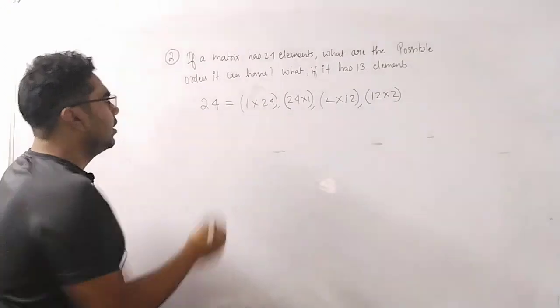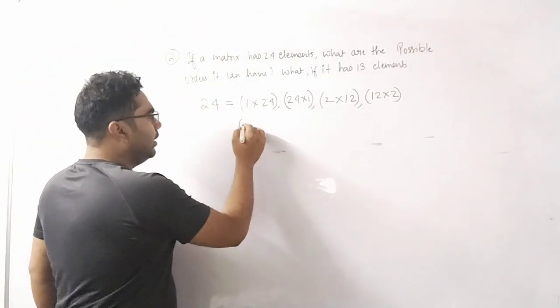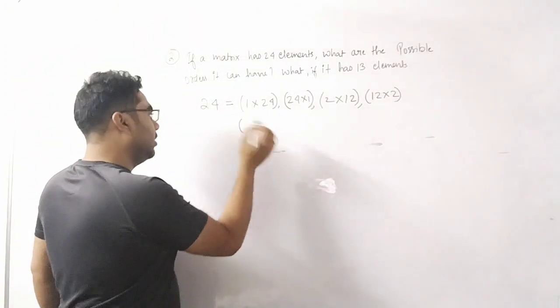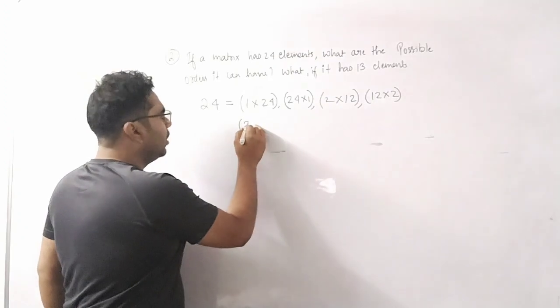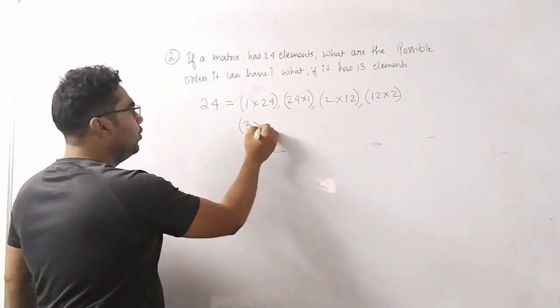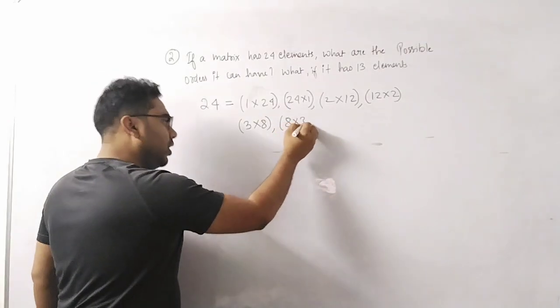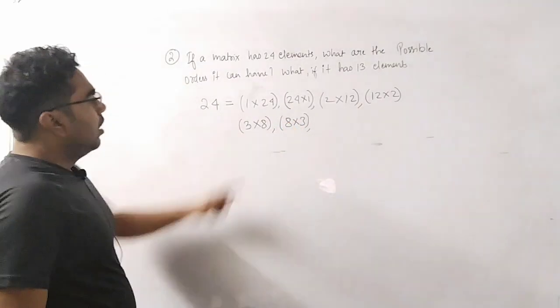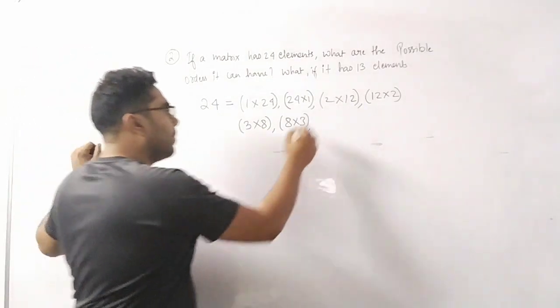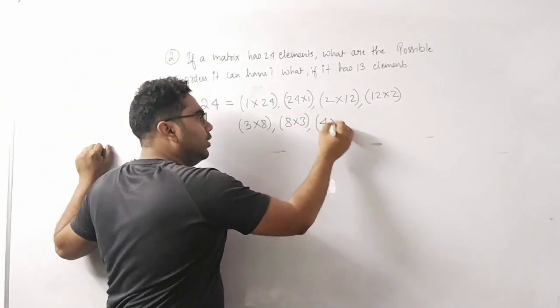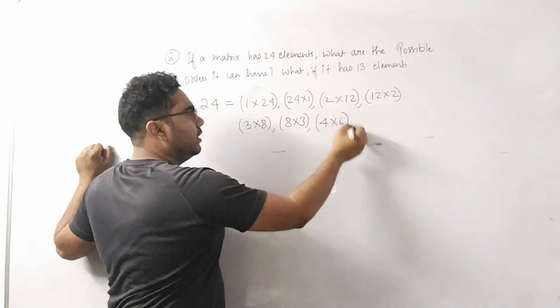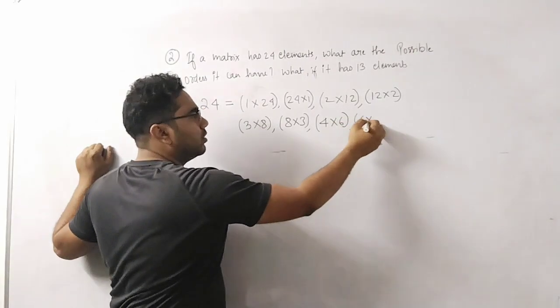After 2, 3. Deconstruct with natural number 3: 3 into 8. Reverse order, 8 into 3. That gives 24. Then 4 into 6. Reverse the order, 6 into 4.